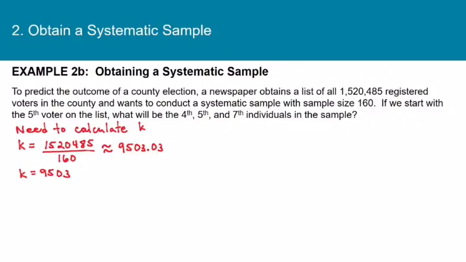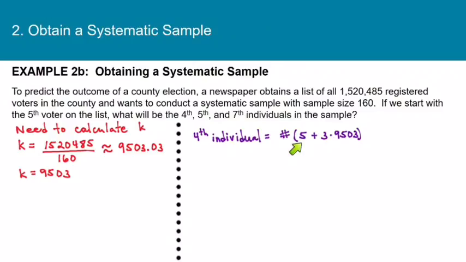Okay, now we can calculate the fourth subject, the fifth subject, and the seventh subject. So remember, we're starting with the fifth voter on the list. So the fourth individual in our sample is going to be 5, because that's our P number, plus 3 times 9,503. Remember, this number we multiply by K is always one less than the position we want.